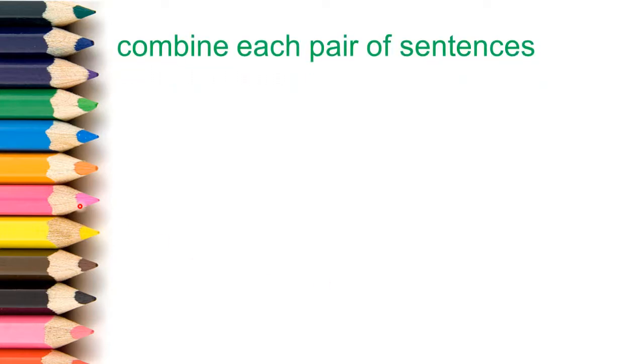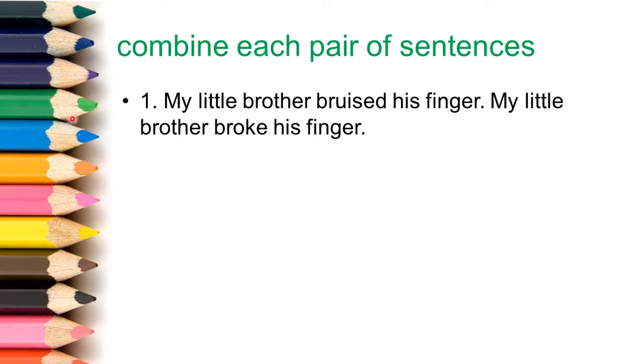Let's combine another pair of sentences. In the first pair, my little brother bruised his finger. My little brother broke his finger. So let's look for the verb here. In the first sentence, we have the verb bruised. In the second one, we have a different verb, broke. Let's observe these two sentences. We have the same subject, my little brother, for both sentences, but doing different verbs or actions.